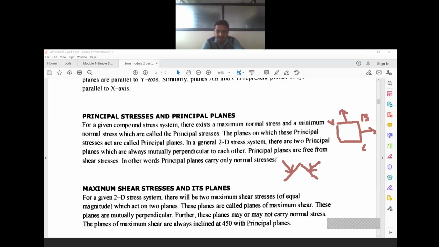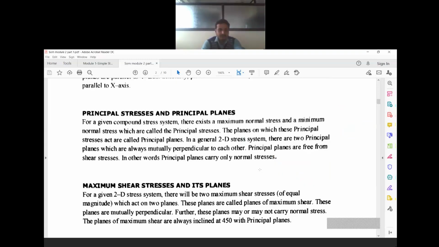So in this cube, in this material, if the maximum is this one, the minimum will be in the perpendicular direction to it. So don't get confused with the concept. Okay.